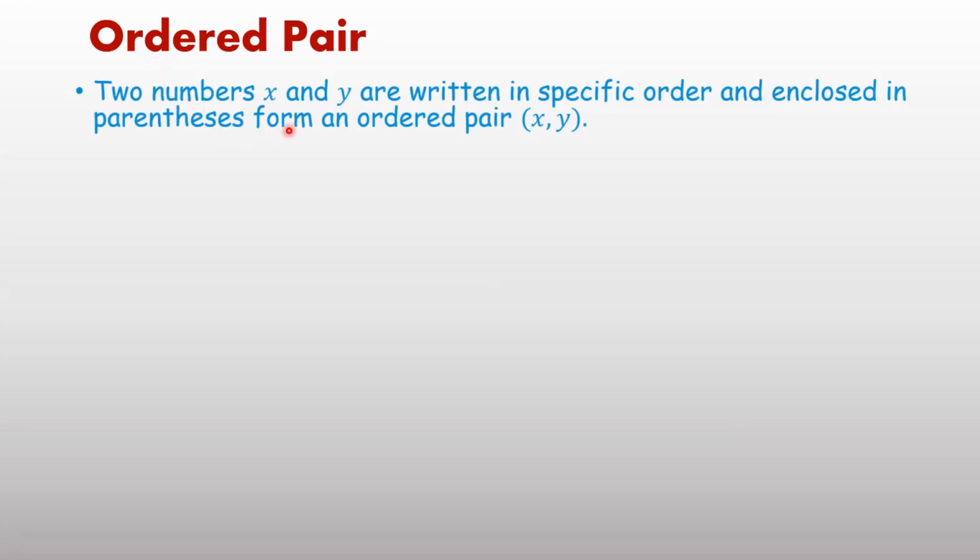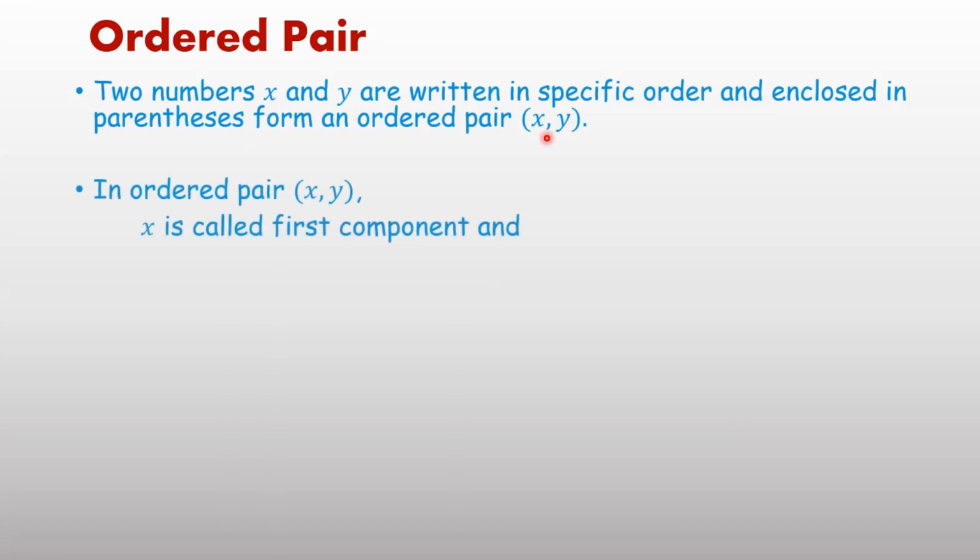Ordered pair means if two numbers are written in this bracket in a specific order, then it is known as an ordered pair. In ordered pair (x, y), x is known as the first element and y is known as the second element or second component.